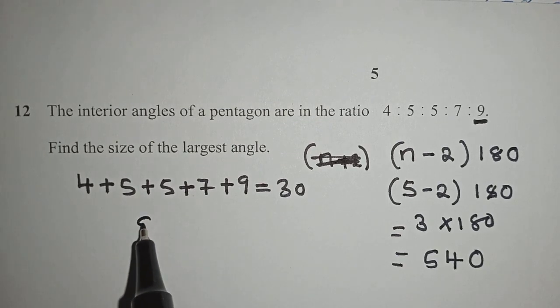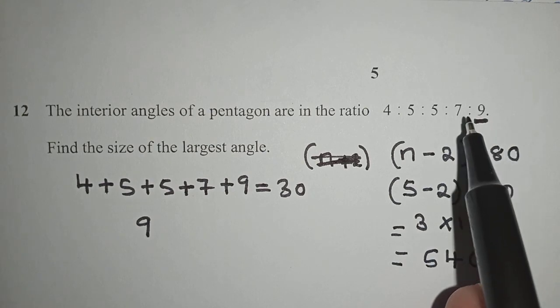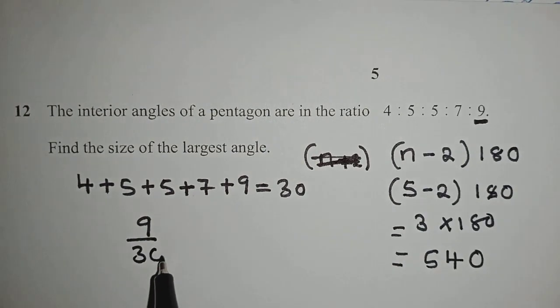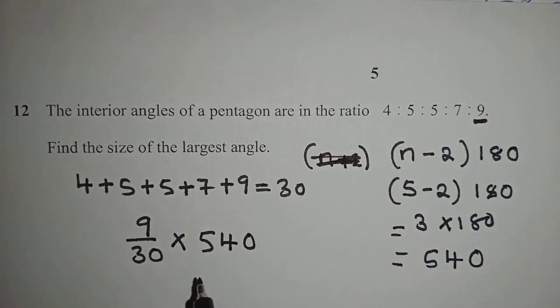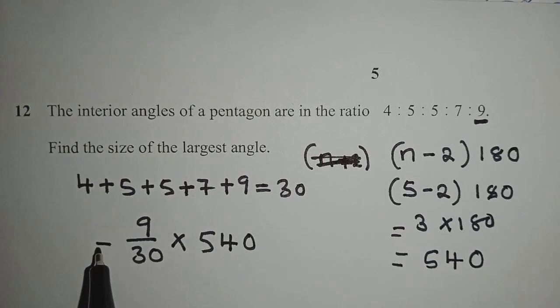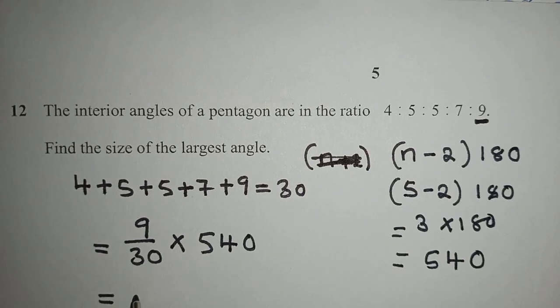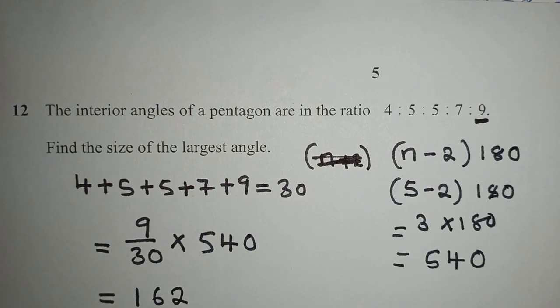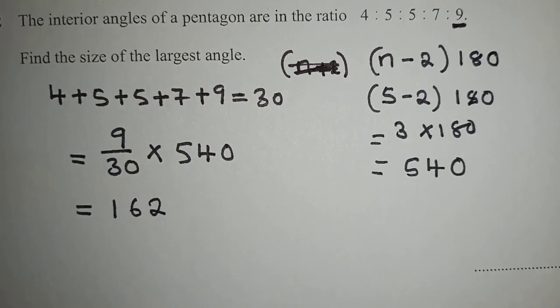So we shall say 9 for the larger angle over 30 times 540. What are we getting there? So 9 over 30 times 540 gives us 162.